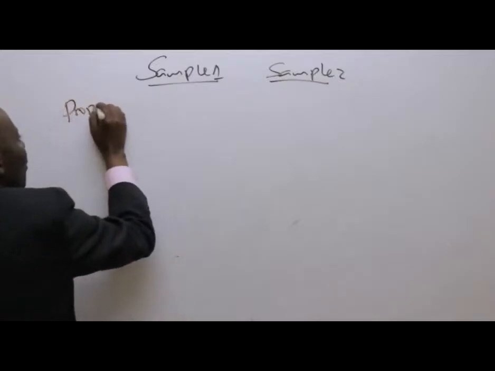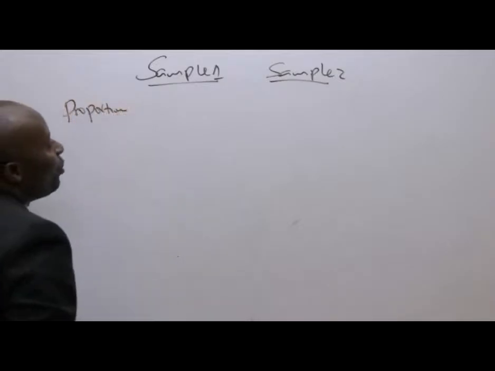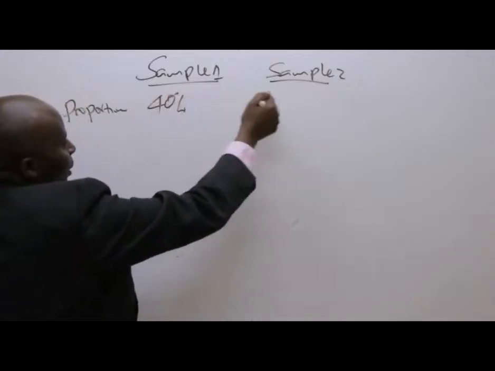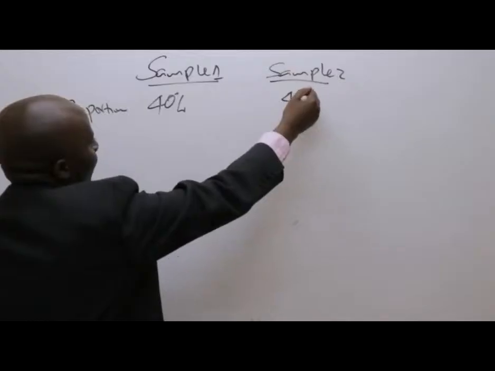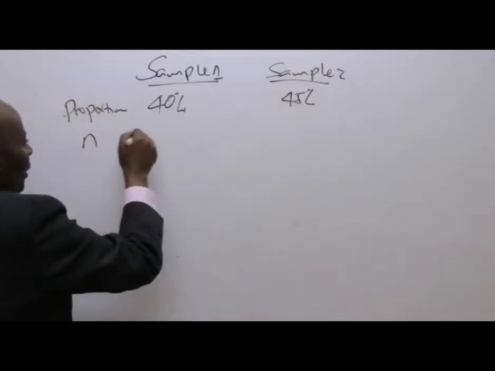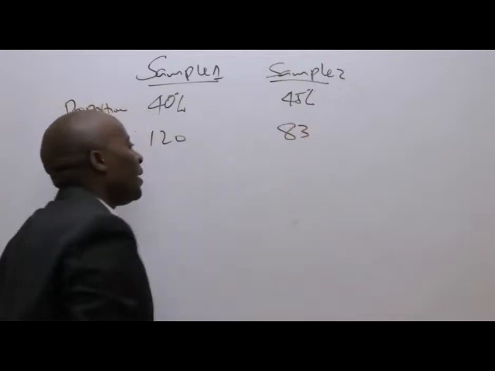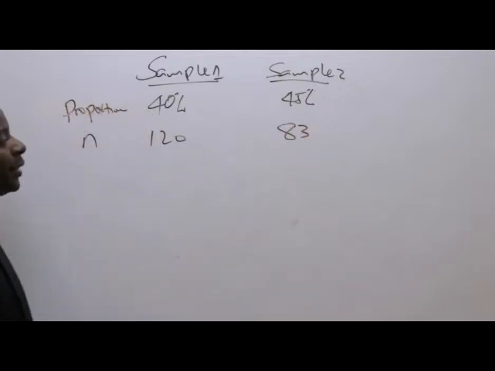So we have our proportions. This could be 40%, this could be 45%. They have given us N. N here is 120, N here is 83.